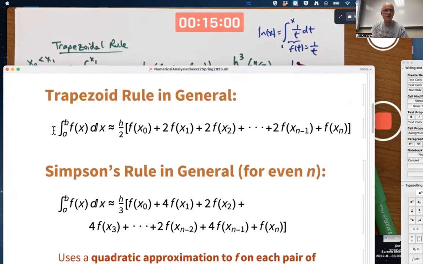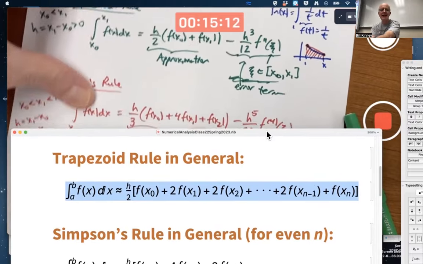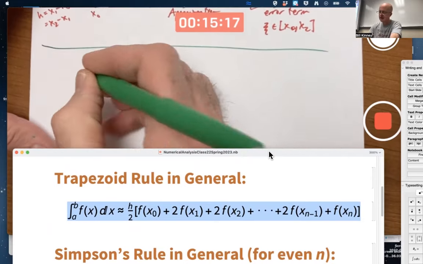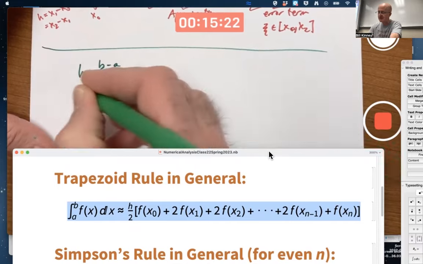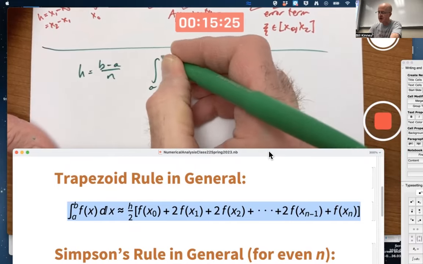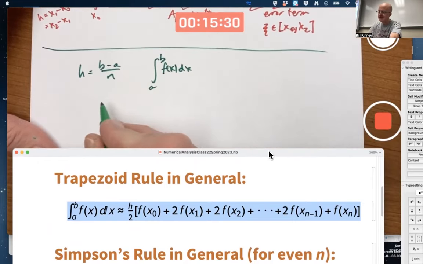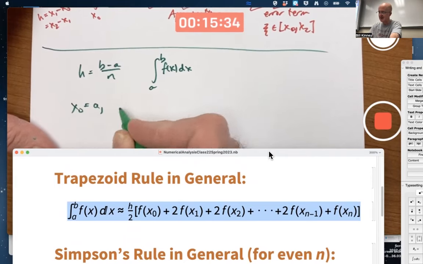For the trapezoid rule in general, you use this formula, where what is h? H is the length of each subinterval. It's b minus a over n. We're trying to approximate the integral of a function from a to b here. H is b minus a over n. X0 is a.